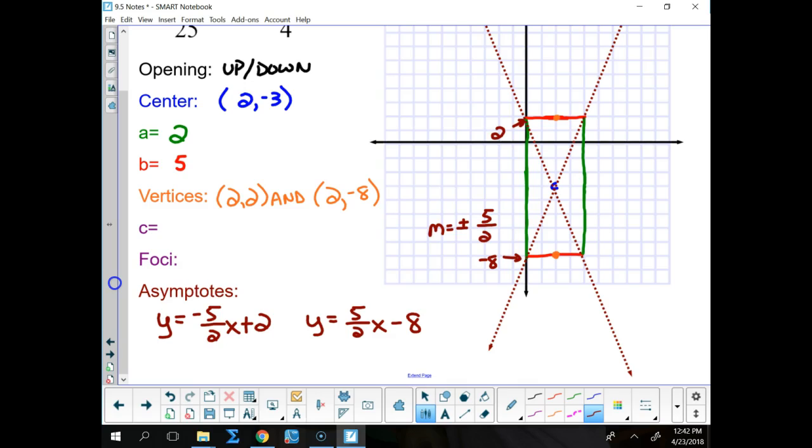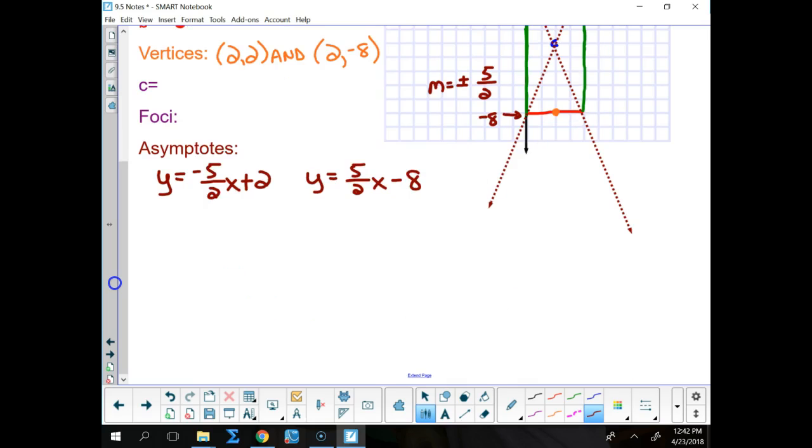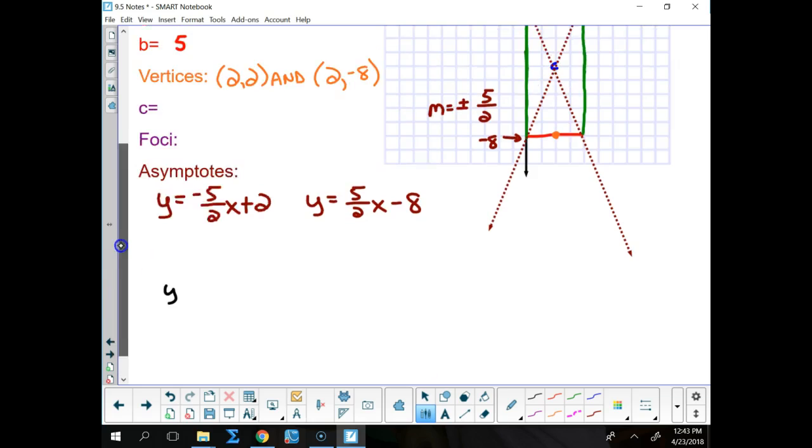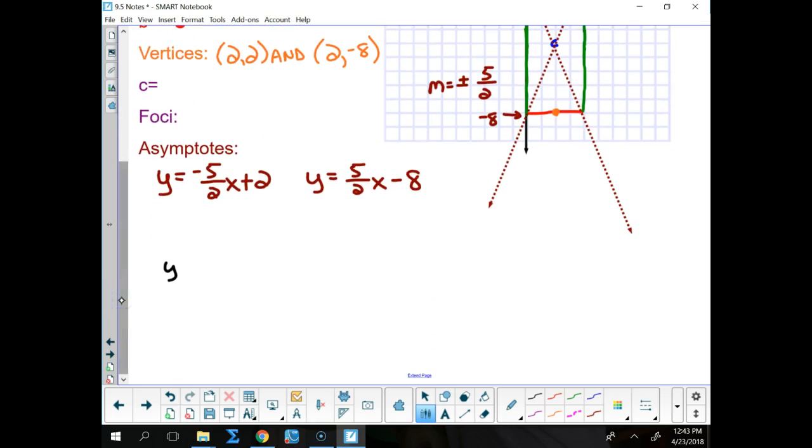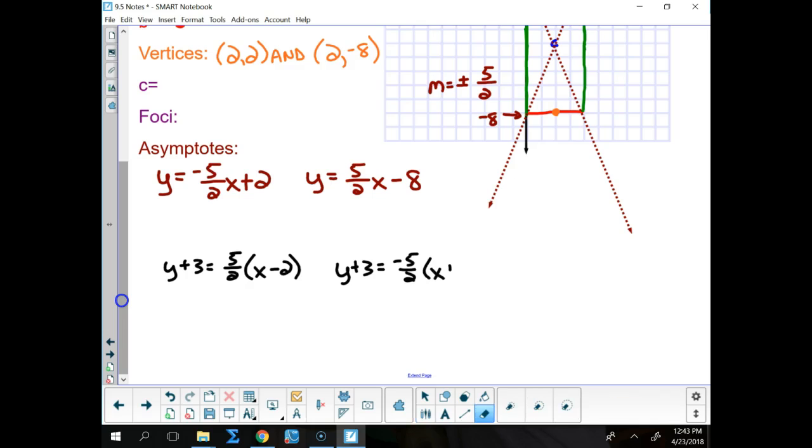If you didn't see either one of those, then you'd have to do y, and think now here for a second, minus negative 3, or so y plus 3 equals 5/2 times x minus 2, and y plus 3 equals negative 5/2 times x minus 2.